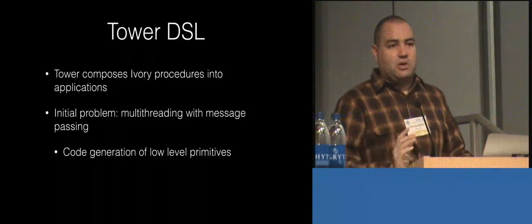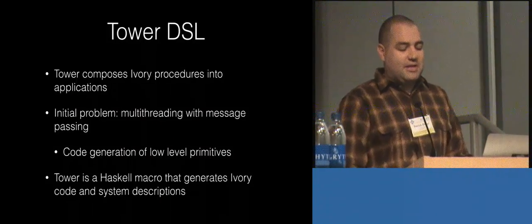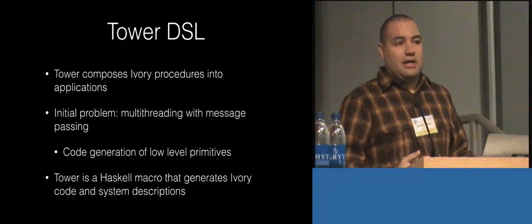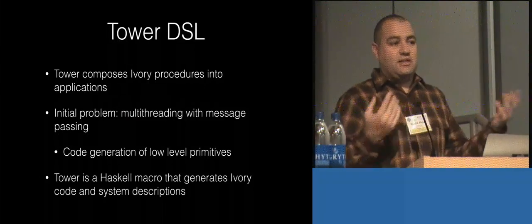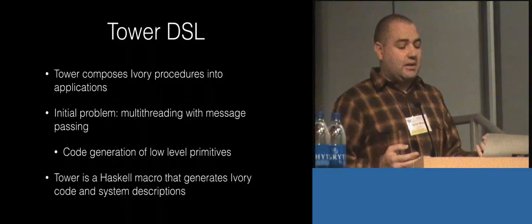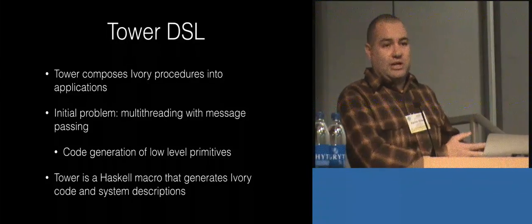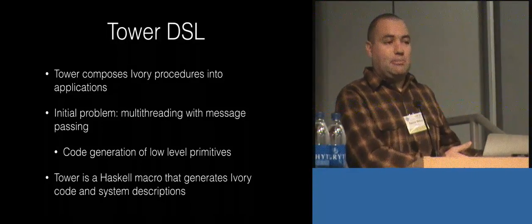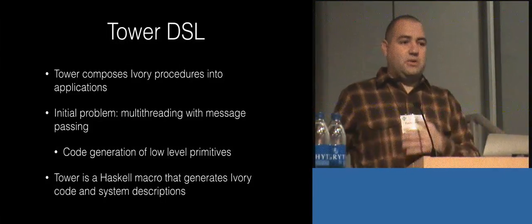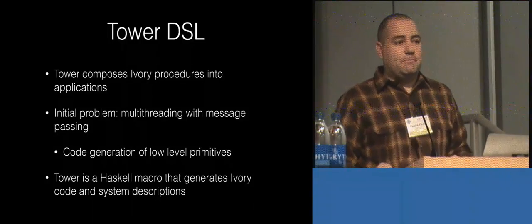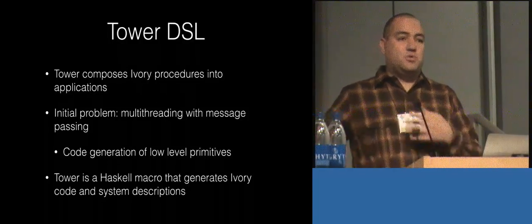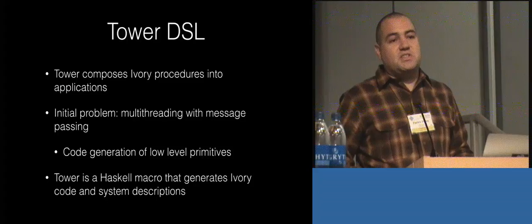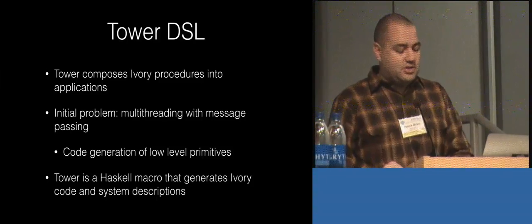We were able to implement all of this as a Haskell macro, where describing the system in Haskell syntax generates, on one hand, a collection of Ivory modules, Ivory code, and also a system description. And we use that to export to those other tools Kathleen talked about that Rockwell Collins designed, into the AADL language.